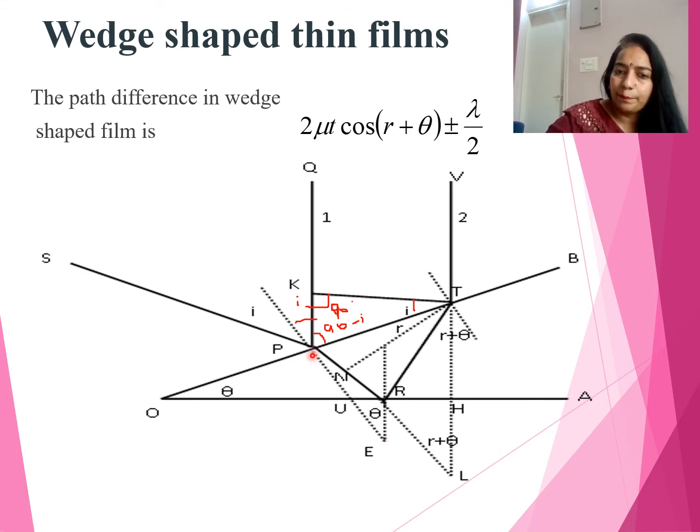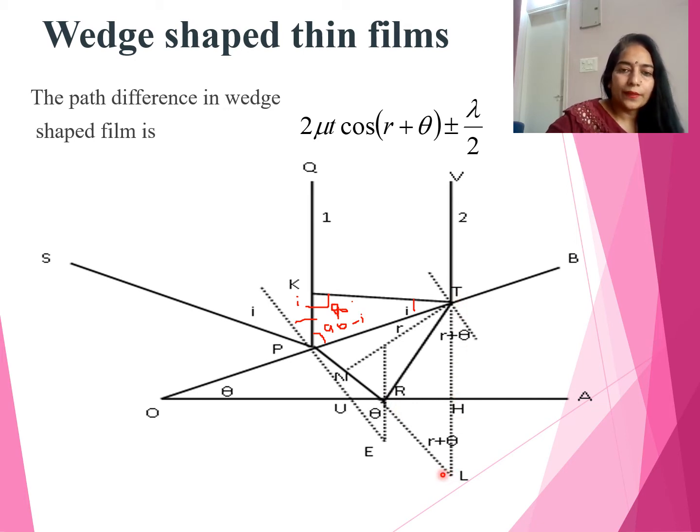Similarly, the ray PR is extended towards L, and from T we draw a normal at the lower surface, that is TH, and extend it towards L. At point L, the extended ray PR and the extended line TH meet.